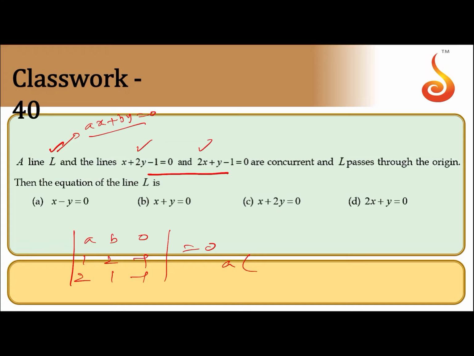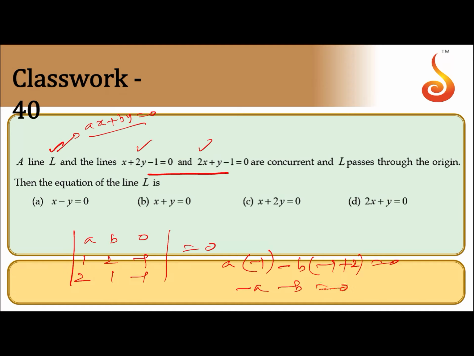A multiplied by, I'll be getting, minus 2 plus 1, minus 1, and minus B multiplied by minus 1 plus 2 is equal to 0. So minus A minus B is equal to 0. Is it right?